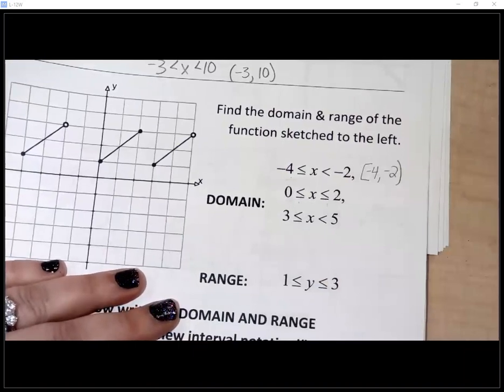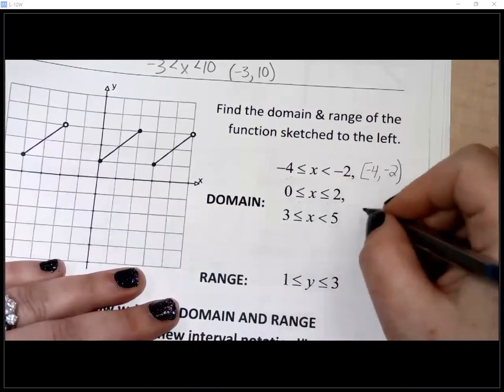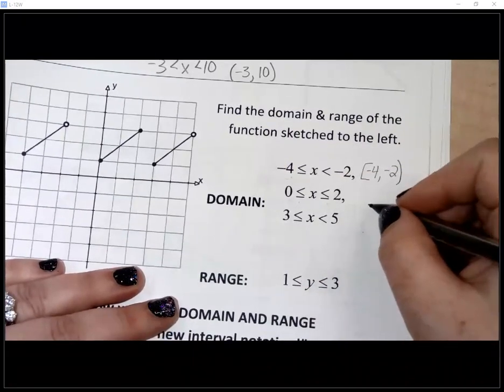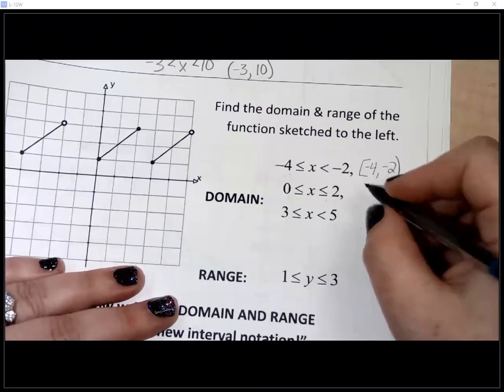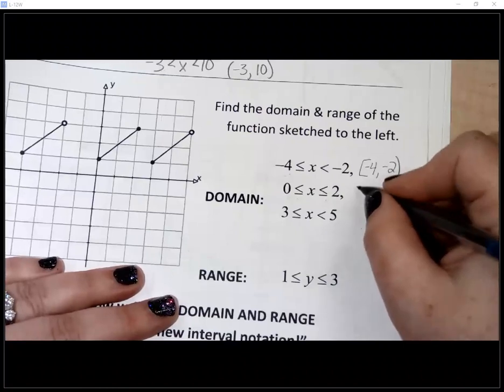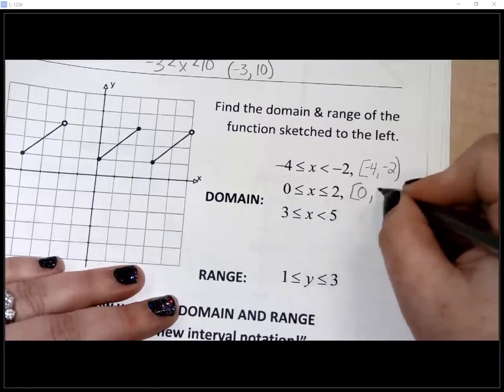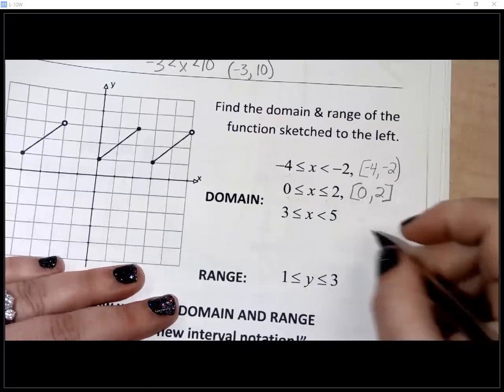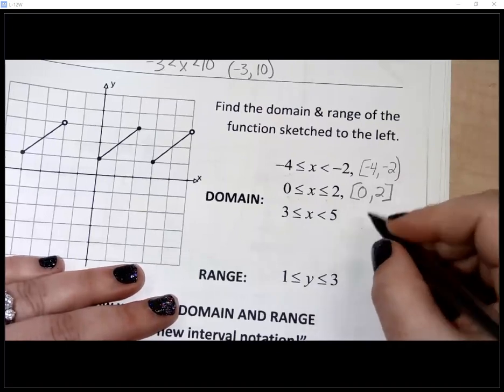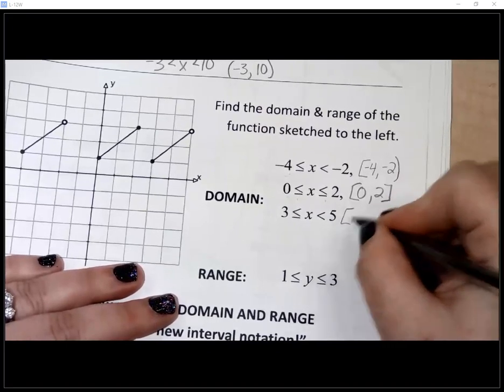Middle chunk. Someone give me the middle chunk. Mackenzie, go ahead. Perfect. And the third chunk. Braylon, go ahead. Bracket 3, 5.